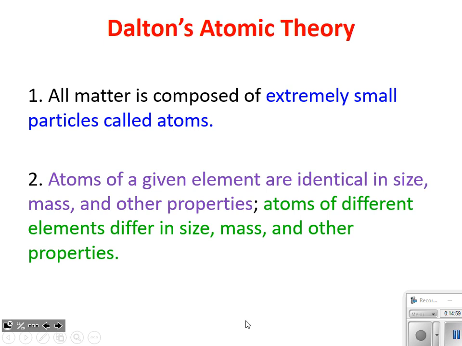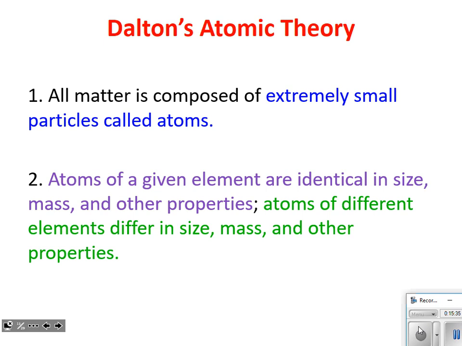He stated that atoms of a given element are identical in size, mass, and other properties. Atoms of different elements differ in size, mass, and other properties. So based on this statement, Dalton said that all oxygen atoms are identical in size, mass, and properties.